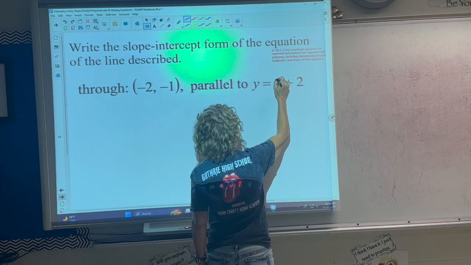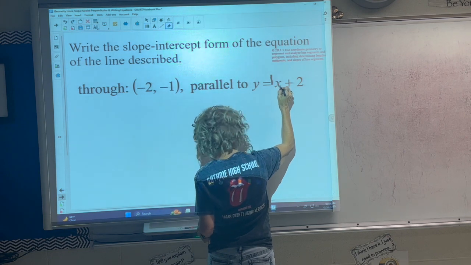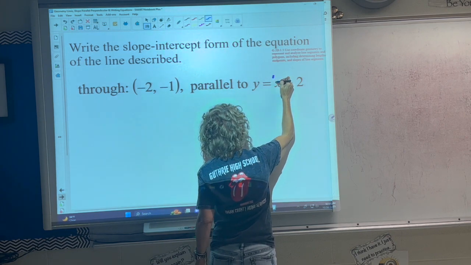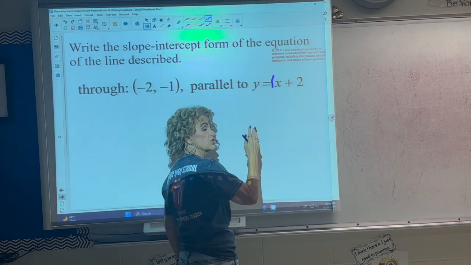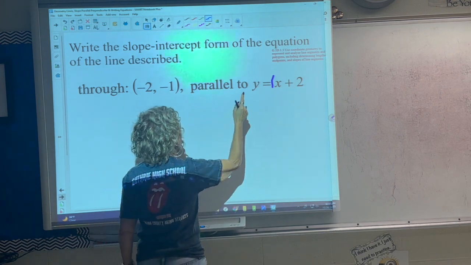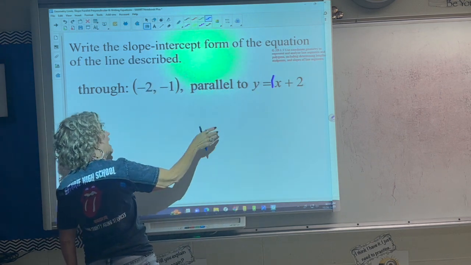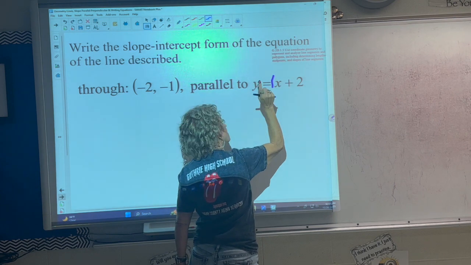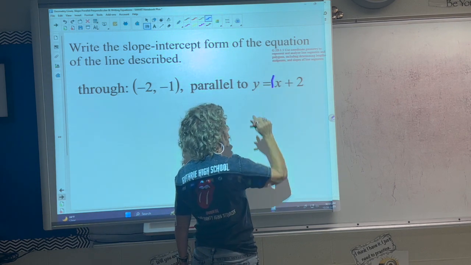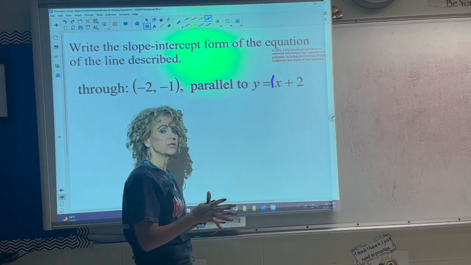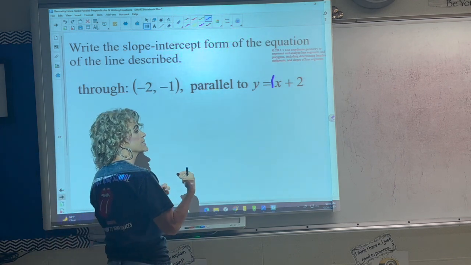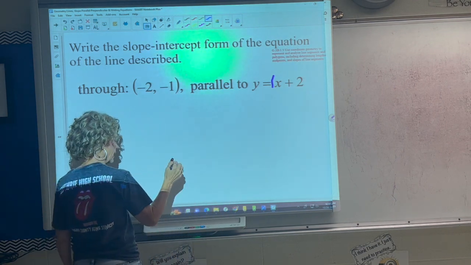I'm just going to lightly put, so there, m is 1, my slope is 1. Okay, so I have my slope and I have this point. I don't care anything else about that particular equation. I just needed that equation to get the slope. So I'm going to utilize point slope form, okay?